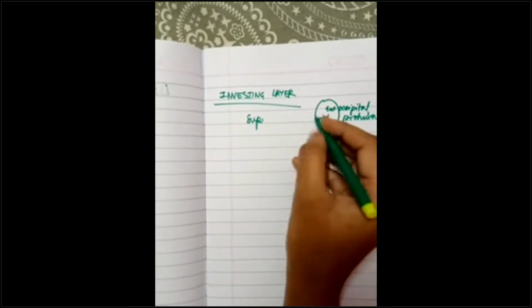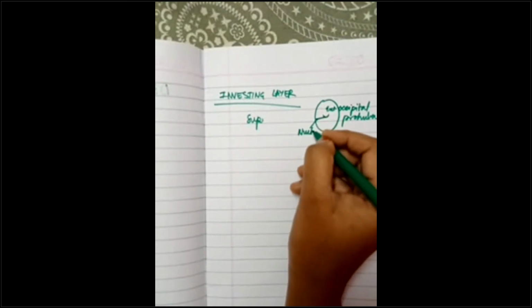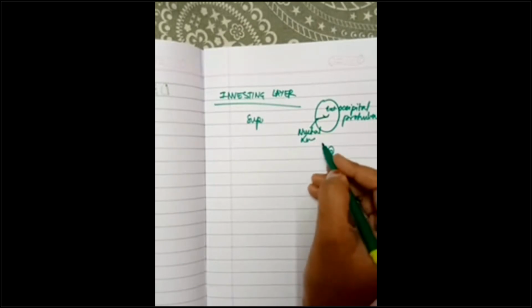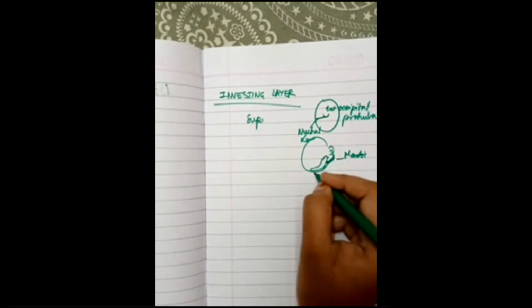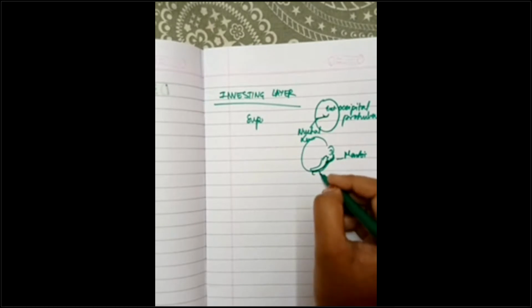Then what I will be having? Superior nuchal line. Then laterally, from the side, this is my mastoid process, and this is your mandible here, right? Your lower border of mandible.